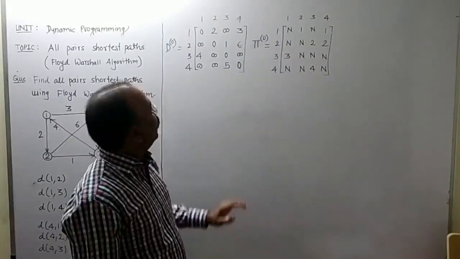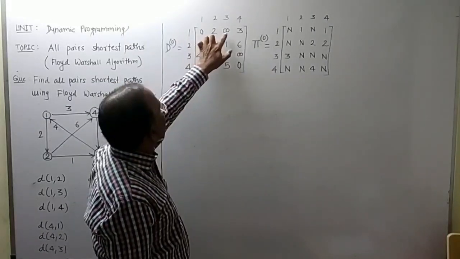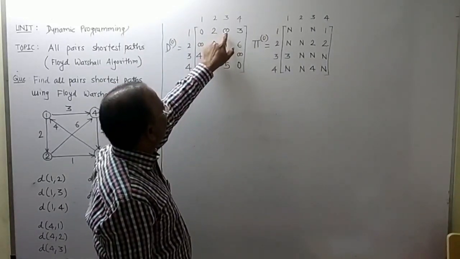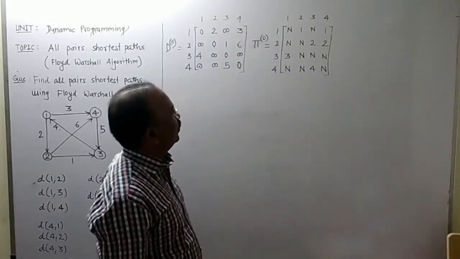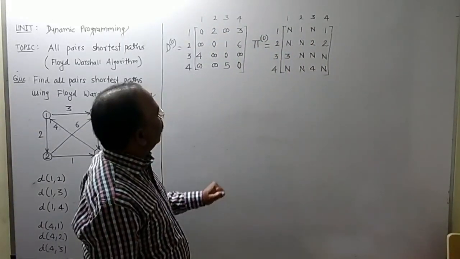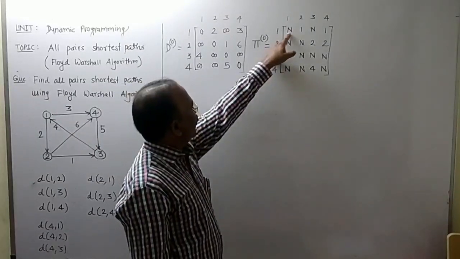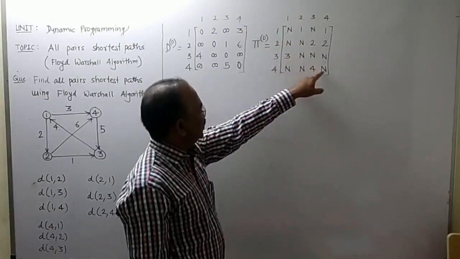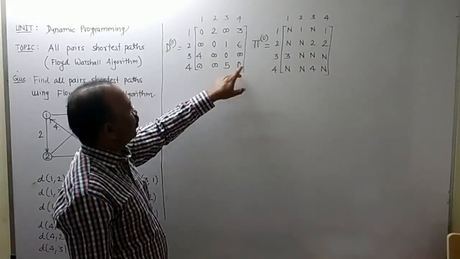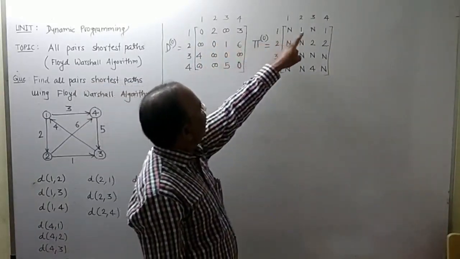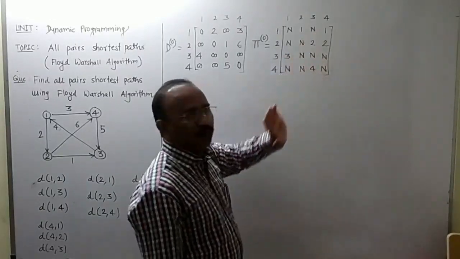Right? Now in the first row there is infinity, and for the infinity we have written n in pi 0. First we have written n in the diagonal places. Whenever you find infinity, replace this infinity by n in the pi 0 matrix.